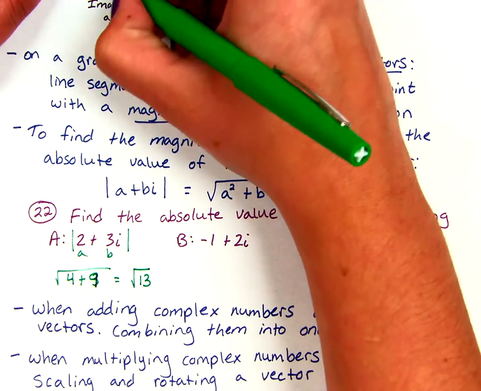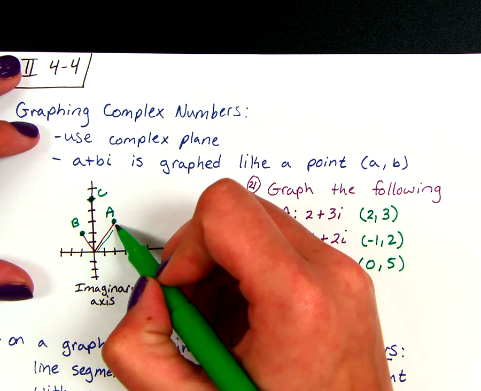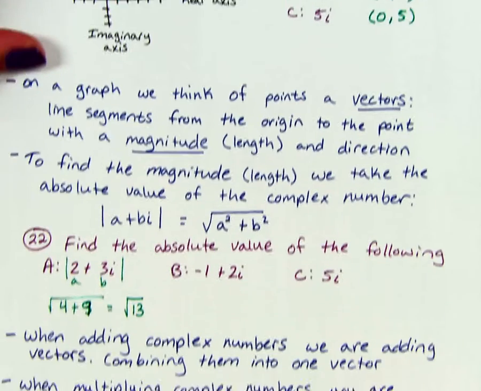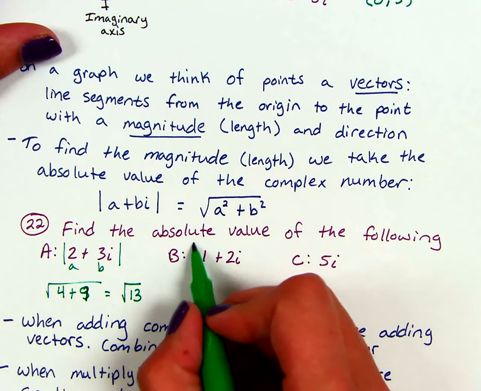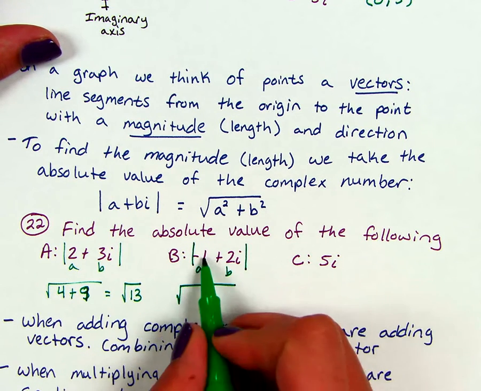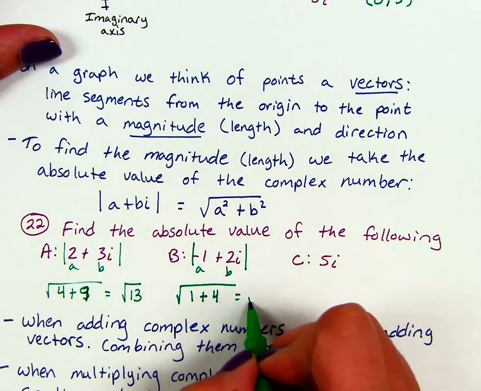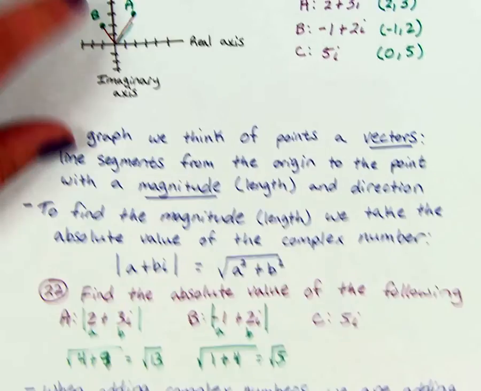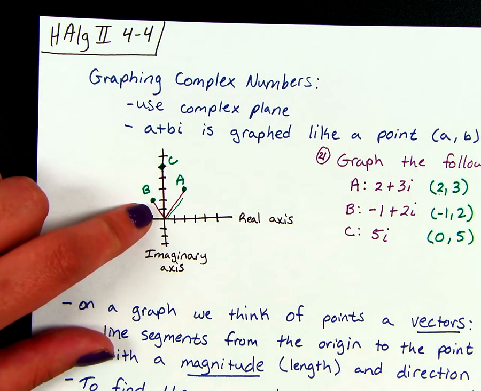So this length right here is a distance of square root of 13. Same thing for the next one. If we're going to take the absolute value, we have a and b. So negative 1 squared is positive 1, and then 2 squared is 4. So this is going to be the square root of 5. So again, on our graph, this length of our vector is the square root of 5.